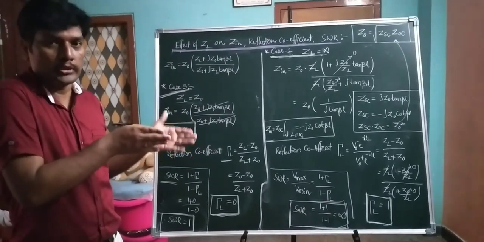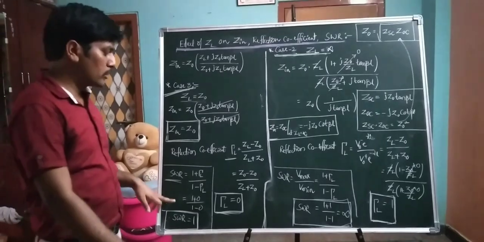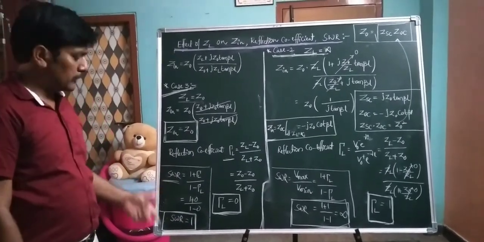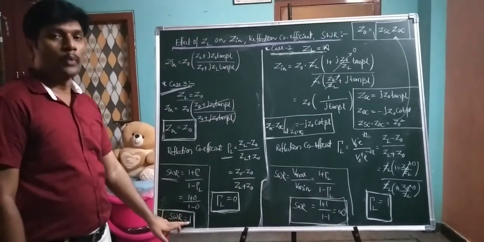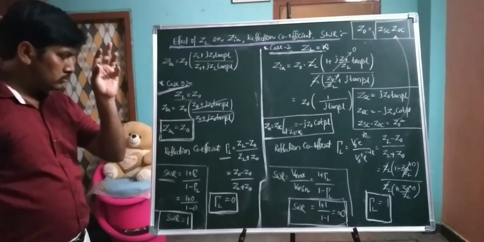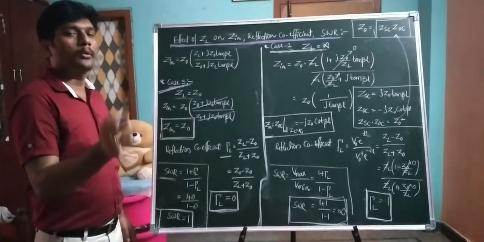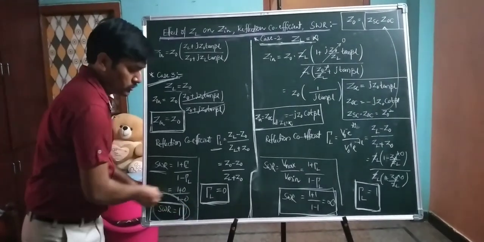In these three cases, what is the range of the standing wave ratio? The standing wave ratio varies from 1 to infinity. So what are the possible values of the standing wave ratio? For perfectly matched, it is 1, not 0. Perfectly matched, 1 is to 1. For perfectly mismatched, infinity is to 1 or 1 is to infinity. This is the condition you have to remember, right?